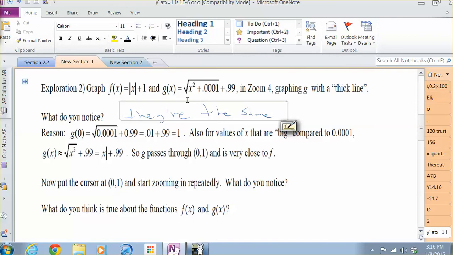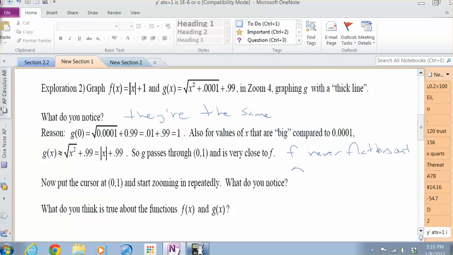And essentially, it's kind of the same thing as the absolute value of x plus 1. So they're very close to each other. But here's the difference, is that f is never going to flatten out. G will.